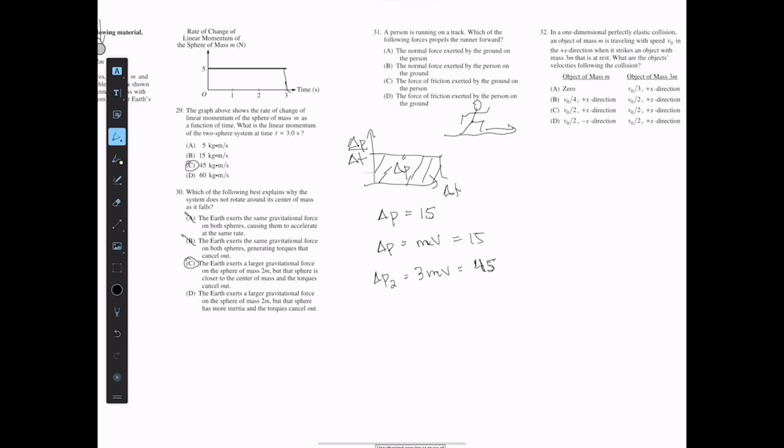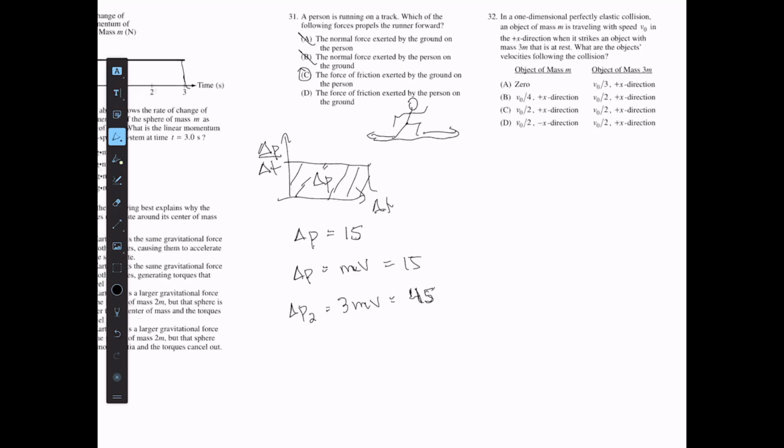So a normal force exerted by the ground on the person is a vertical force, not that. Same with this. The force of friction exerted by the ground on the person, that's right. And it's not D, because the force of friction exerted by the person on the ground would be this way. But the ground is exerting a force on the person. That's what's causing the runner to go forward.